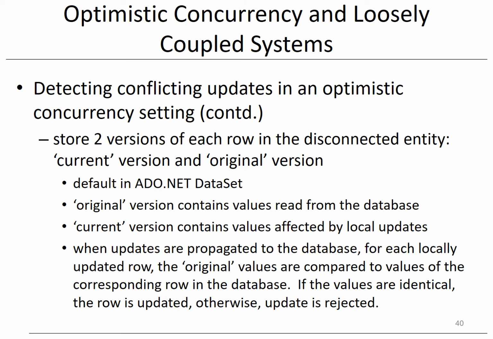Once the dataset attempts to propagate updates to the database, for each locally updated row, the original values are compared to the values of the corresponding row in the database. If the values are identical, the row in the database will be updated with the current values of the corresponding row in the dataset. If they are not identical, it means that the row in the database was updated by another application in the meantime, and the update by the dataset is rejected.